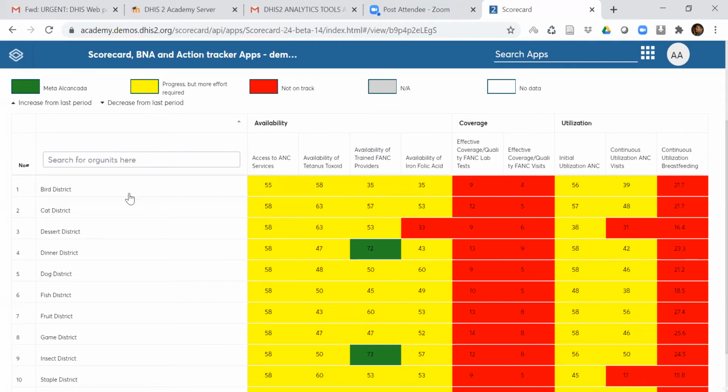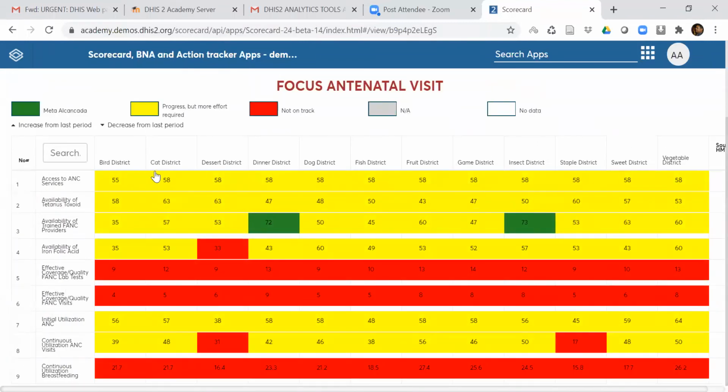Yes, Priyanka. It is very simple. What you have to do is go to these org units, that is rows, click, drag and drop them to the columns. Then it will automatically adjust. Now my columns are filled with org units and my rows are filled with the indicators that earlier were in columns.